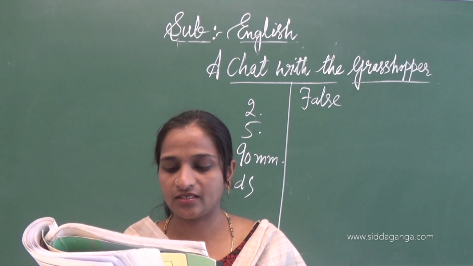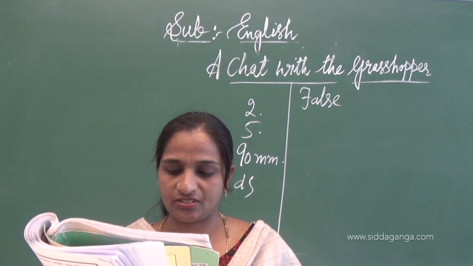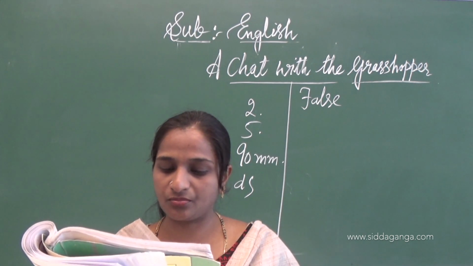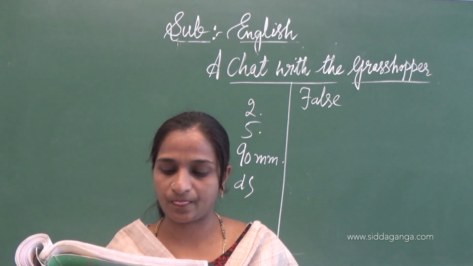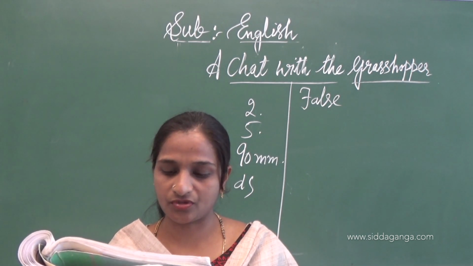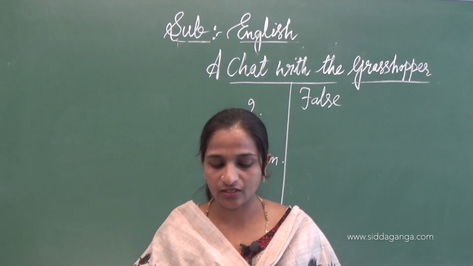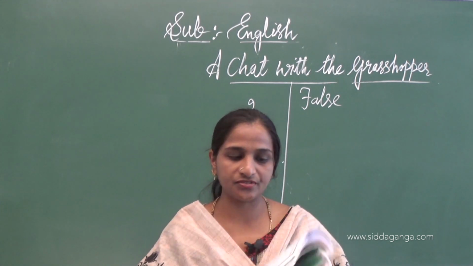Toxic, exoskeleton, strong, vibration. Fruits is not there. Turnbull, housefly, insecticides is not there. So again you have to go through that lesson, and circle the words you find in the lesson.